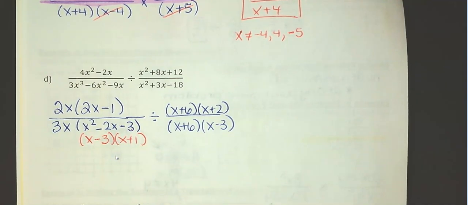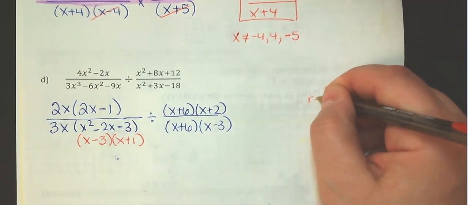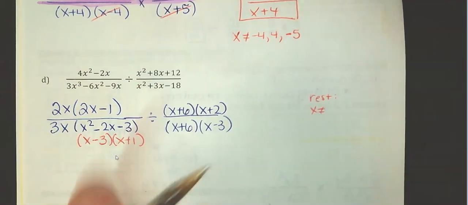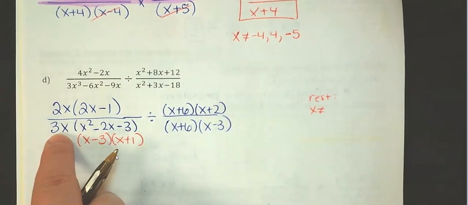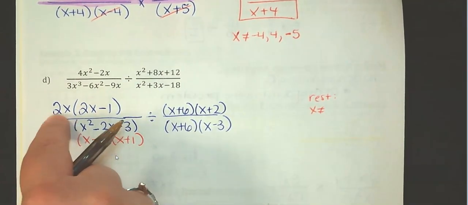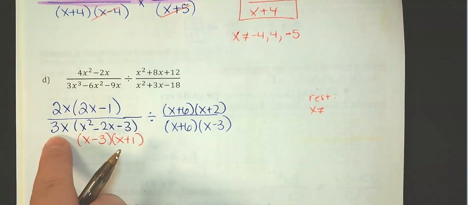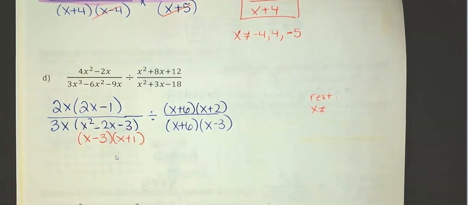All right, let me go ahead and write my restrictions, and then I'll flip that over. So at this moment, we don't want x to be... Now, plain 3x, people do this all the time. They'll tell me 3. No. If you just have 3 times x, what would you plug in for x that would make that a problem? Not 3. If I just had 3x in the bottom of a fraction, what do I not want x to be? 0.